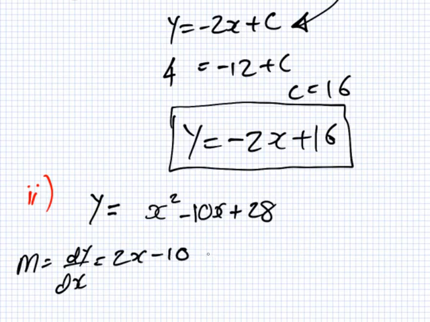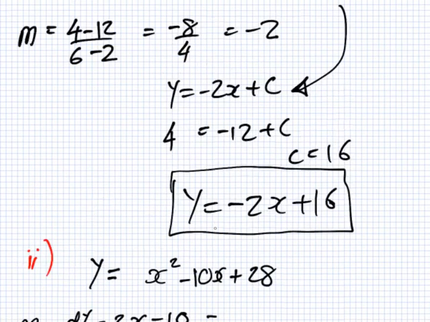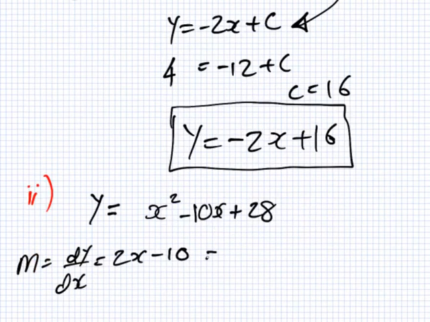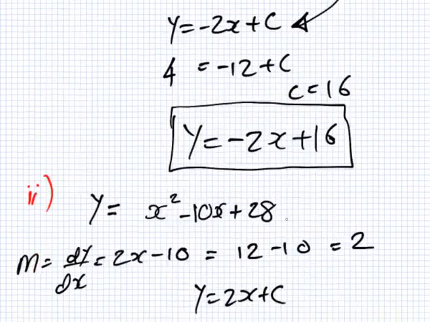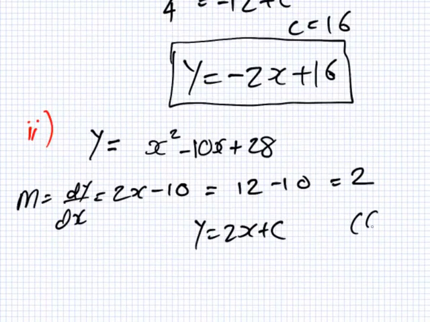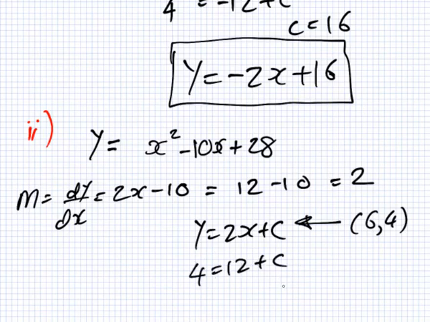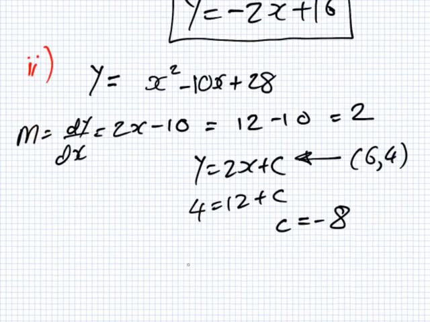What was the x for this point B? It's 6, so that would be 12 minus 10, which is 2. So you have y equals 2x plus c, and then I can use my point (6, 4) to get the c: 4 equals 12 plus c. c equals minus 8. So I have y equals 2x minus 8.